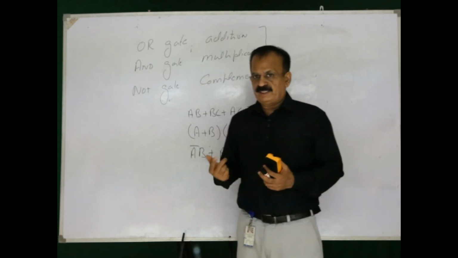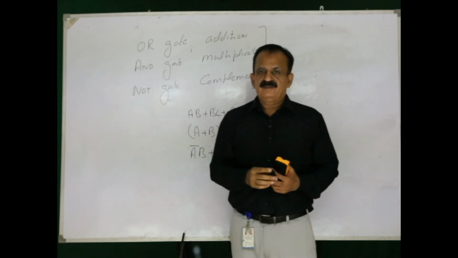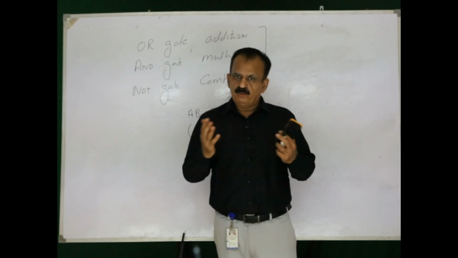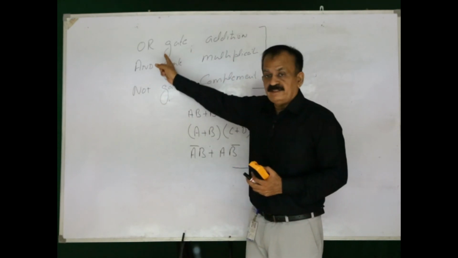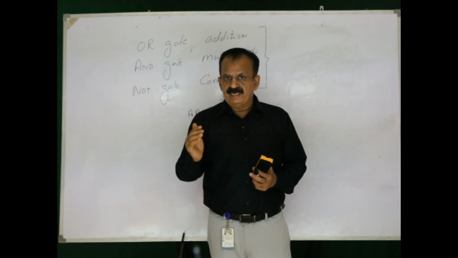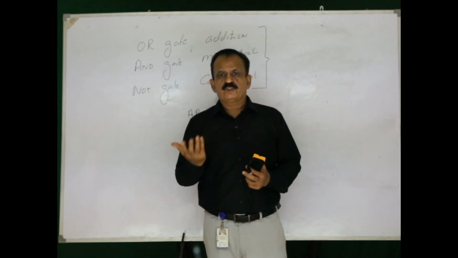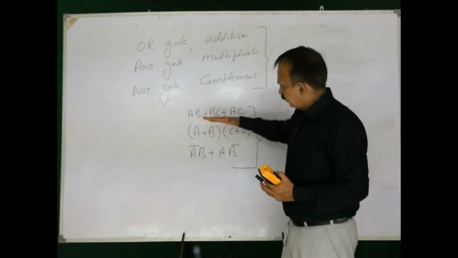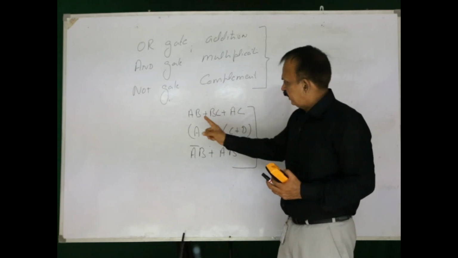Another important question can be why these three are called the basic building blocks? Because any Boolean expression can be converted to the circuit by using these three gates, that is OR gate, AND gate and NOT gate. And another question that can be draw the circuit for these expressions and I hope you are very clear.